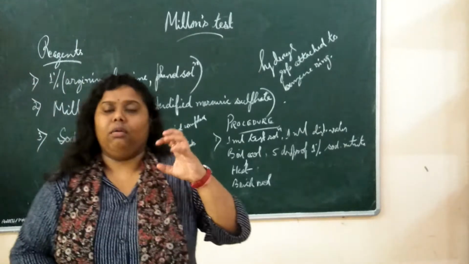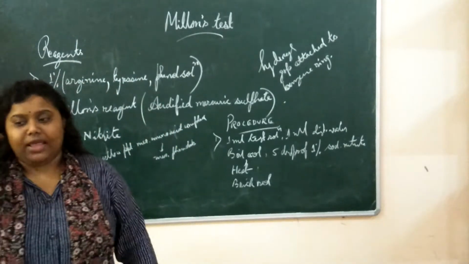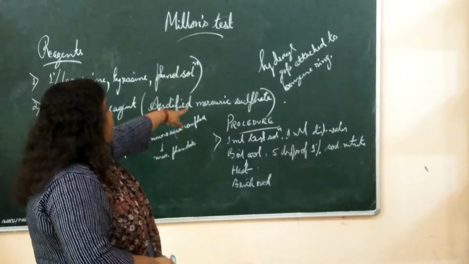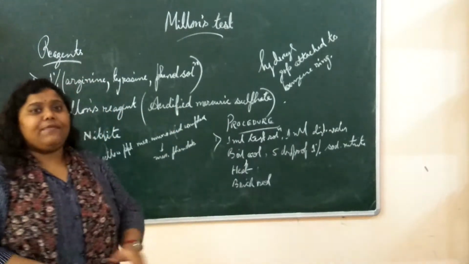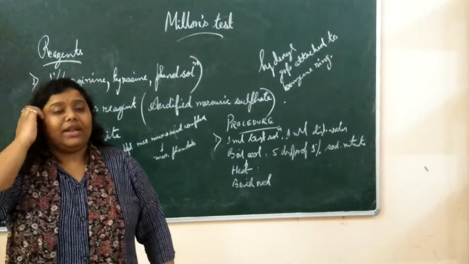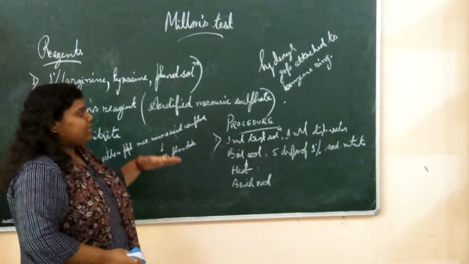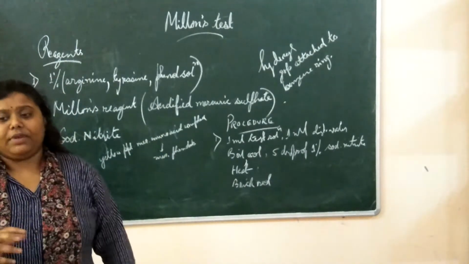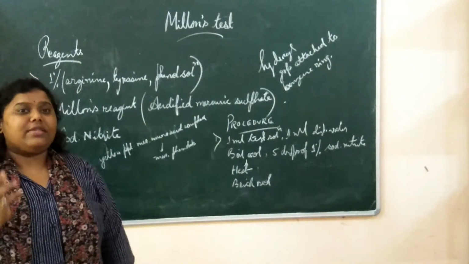When tyrosine reacts with acidified mercury sulfate, it gives a yellow precipitate of mercuric amino acid complex.